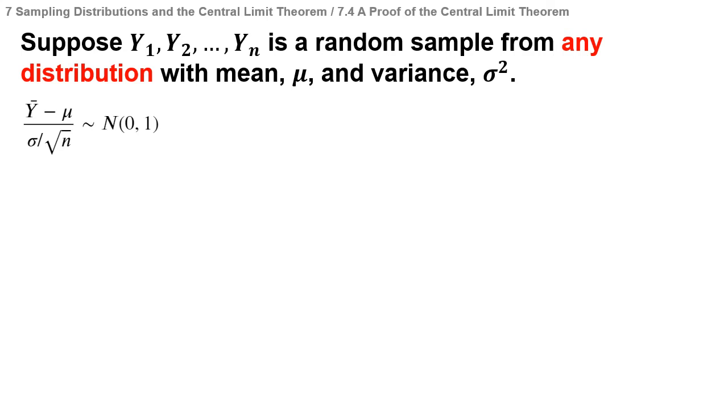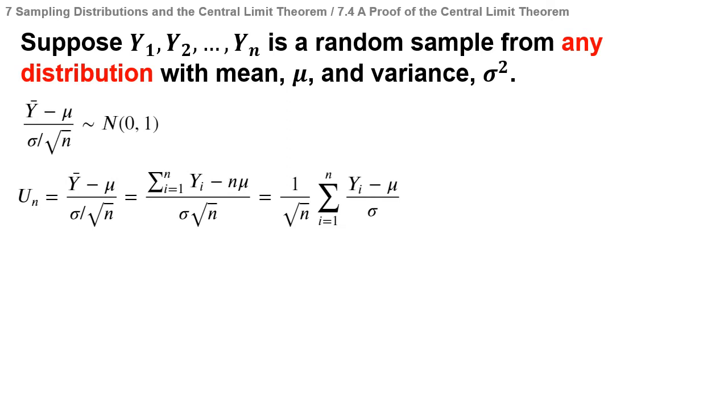This is the statement of the central limit theorem. And to prove this, let's define Un as this. So our Un is this, and actually we can represent this notation as this.